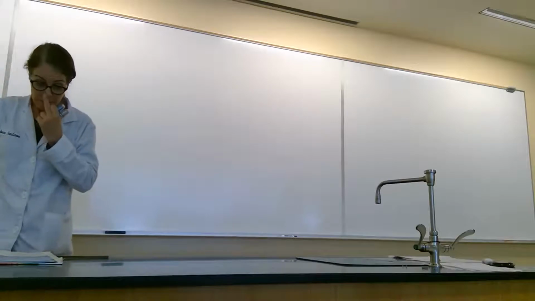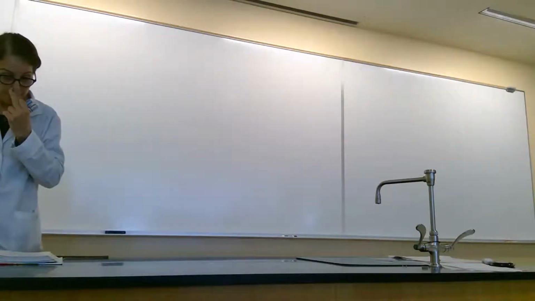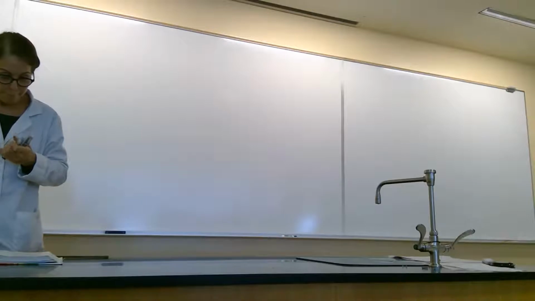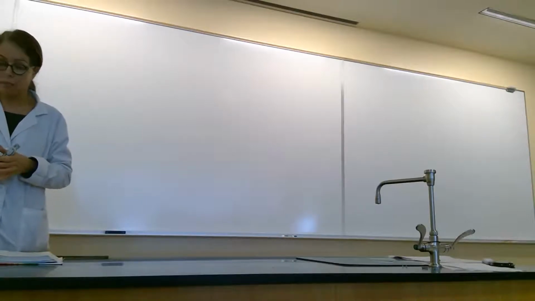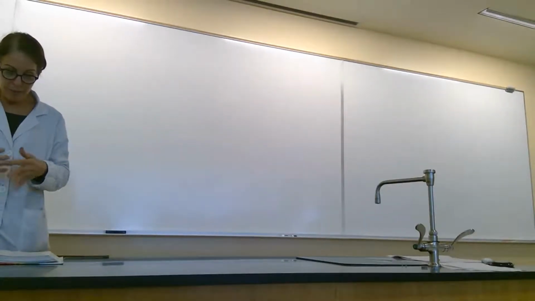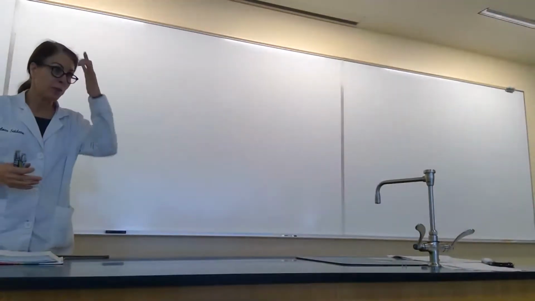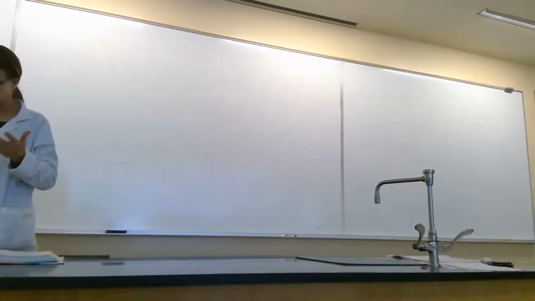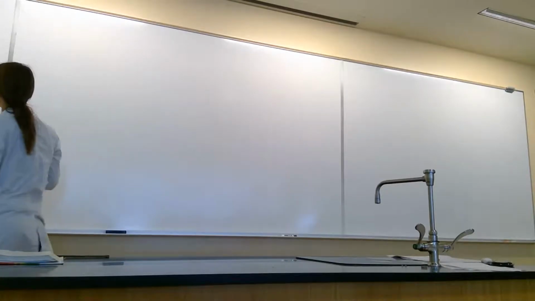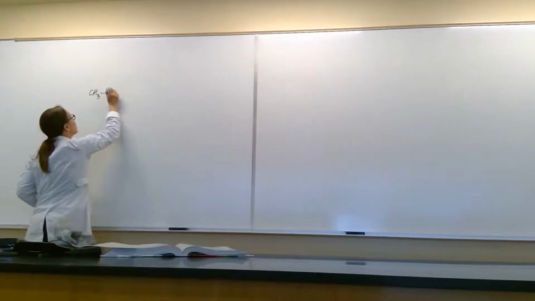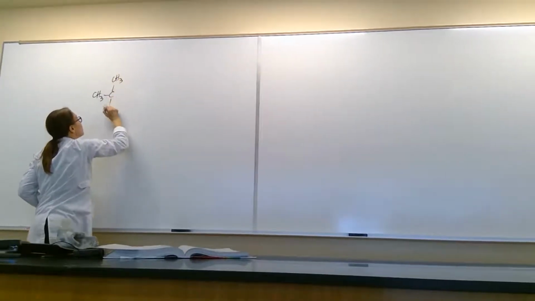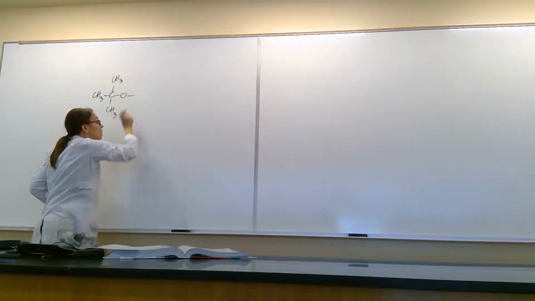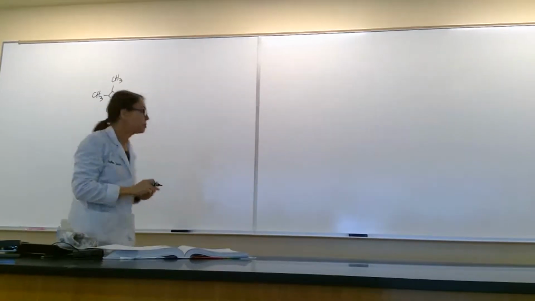Question number 63. We have an ether. As you can see, 63 has a combination of many functional groups, so I liked it because it covers more of the chapter. So I have CH3 and then CH2.